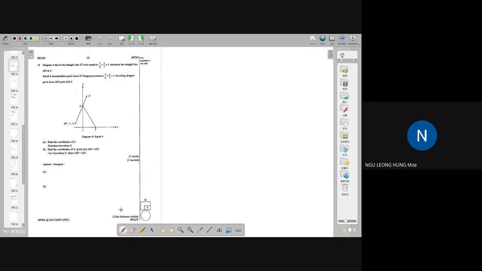11. Diagram 4 shows a straight line ST intersect with the straight line, coordinate of X. Okay, first of all, siapa tidak biasa tengok ini?